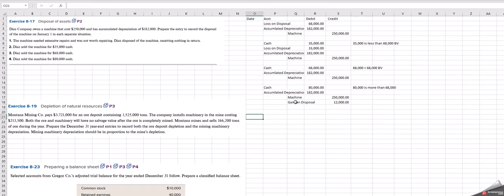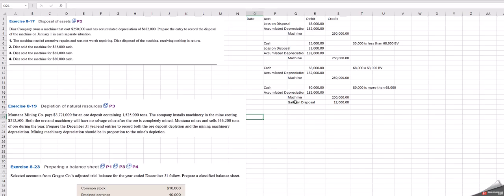Okay, then we come down to our next one, depletion of our natural resources. Montana Mining pays $3,721,000 for an ore deposit containing 1,525,000 tons. The company installs machinery in the mine costing $213,500. Both the ore and the machinery will have no salvage value after the ore is completely mined.